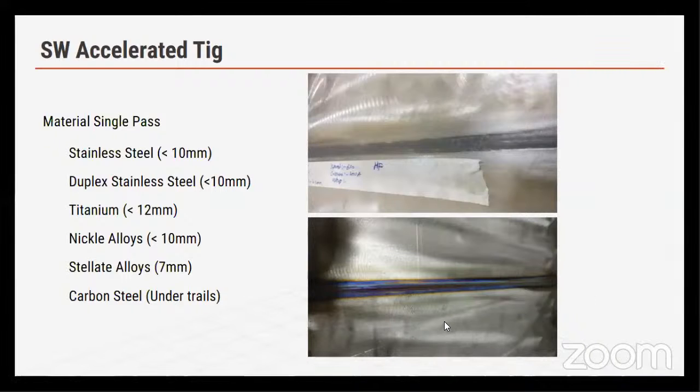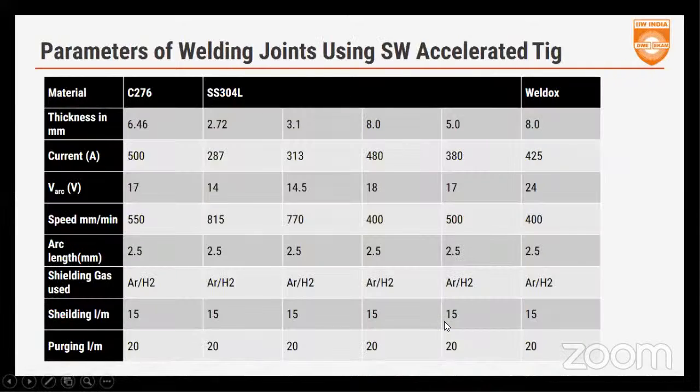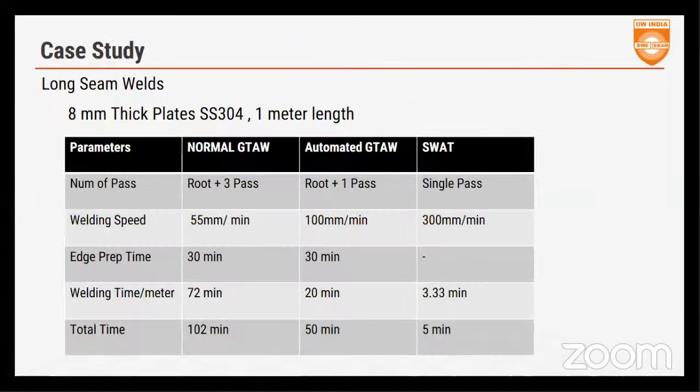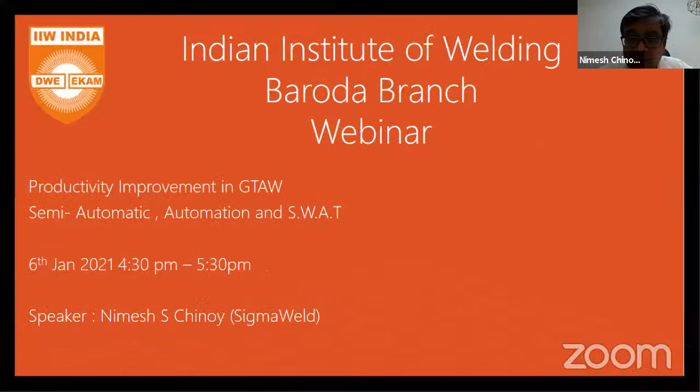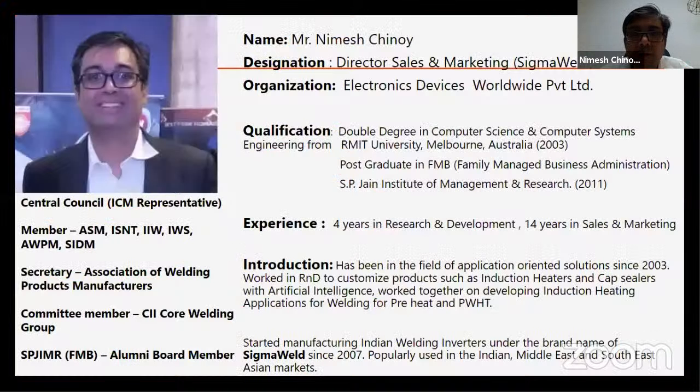Okay, sir. As shown on the screen, there are a total of 14 questions, and the last question is, which material was used in the video of the keyhole technique? That I just shared, it was Hastelloy. It is Hastelloy, C276.